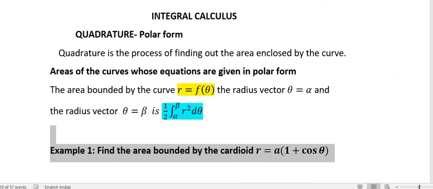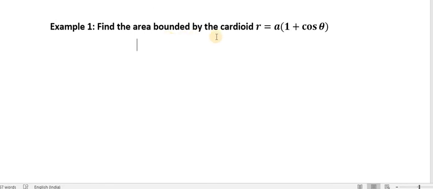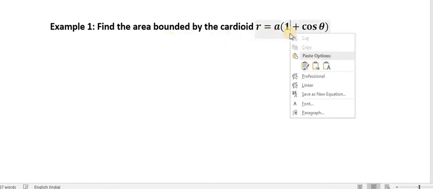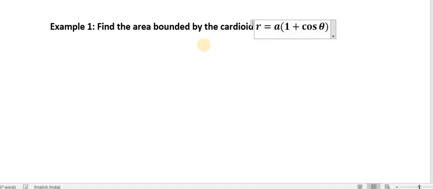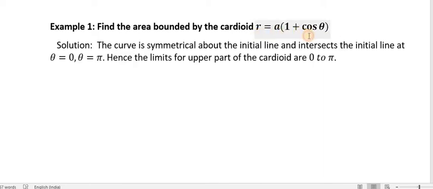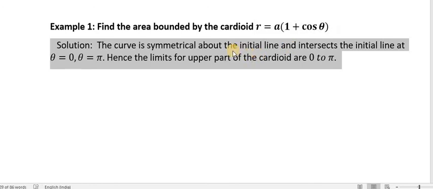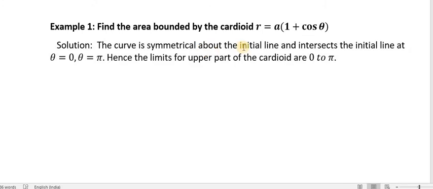Example 1. Find the area bounded by the cardioid r is equal to a into 1 plus cos theta. Here we have to find the area bounded by the cardioid r is equal to a into 1 plus cos theta. See, this cardioid is symmetrical about the initial line.